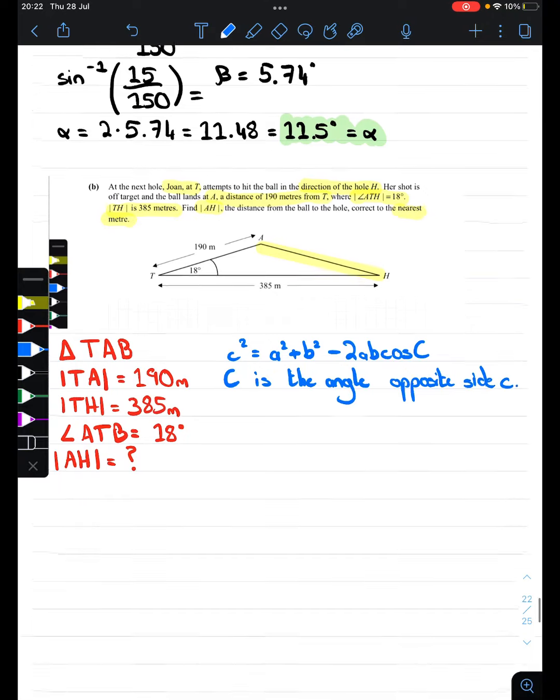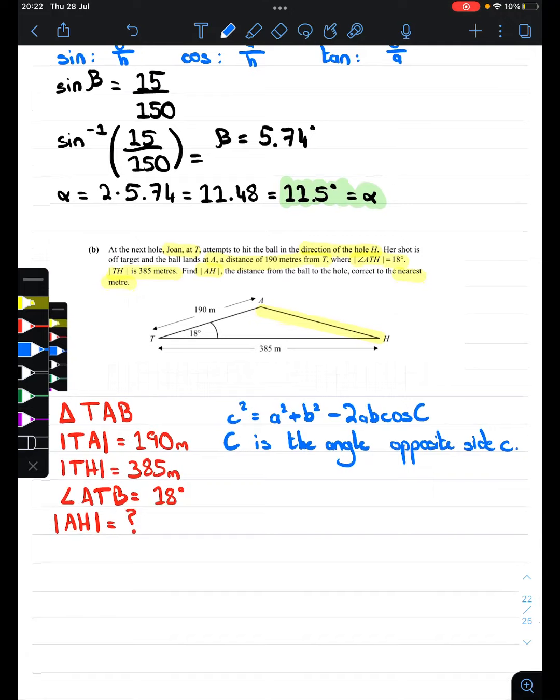In this case, c is what we're looking for, AH. a and b are the lengths of the other two sides. So let's say a equals AT and b equals TH. And our angle is the angle opposite AH.